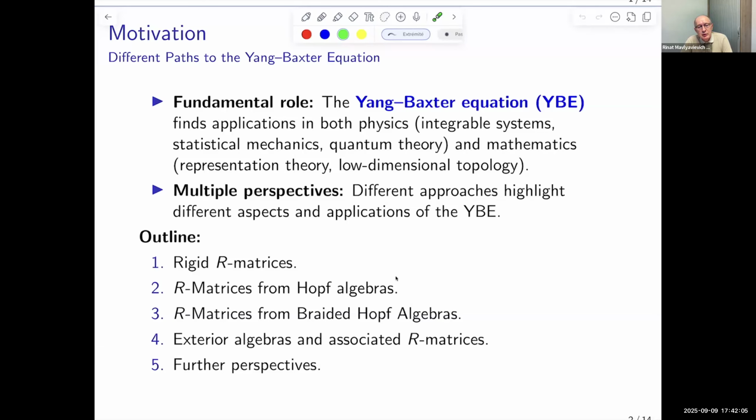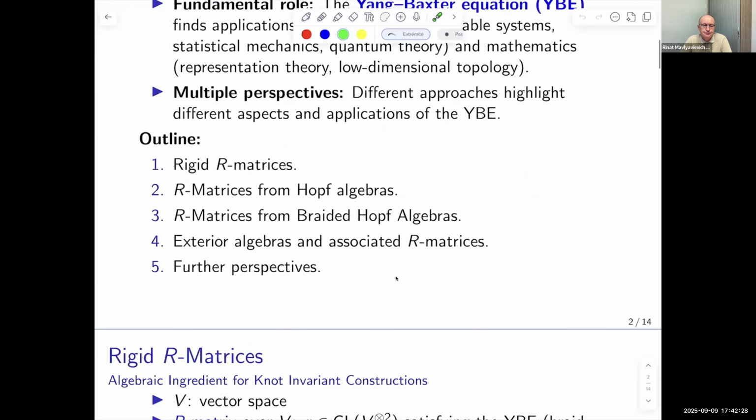And then I will turn to braided Hopf algebras and describe an alternative way of approaching the Yang-Baxter equation. The main part of my talk will be concentrated around the exterior algebras carrying braided Hopf structures and associated R-matrices. And I will conclude with further perspectives.